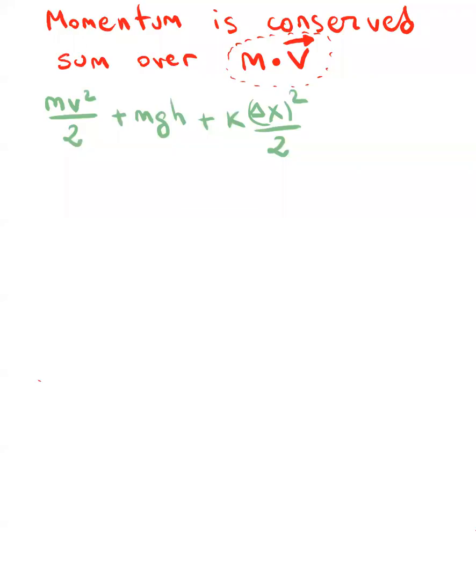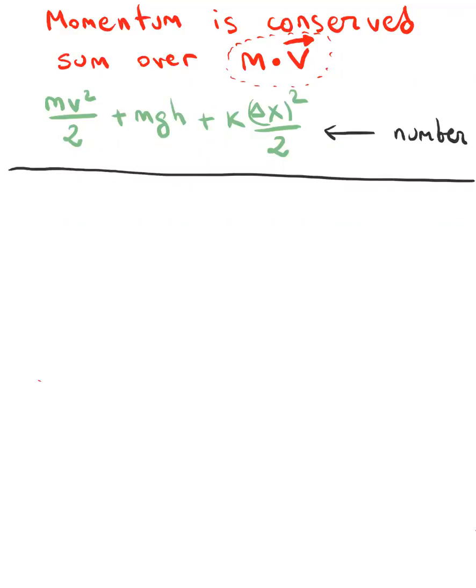One important difference is that unlike energy, which is just a number, momentum is actually a vector. Momentum being a vector means that it has direction and magnitude. For example, if you're moving in this direction with some velocity of 5 meters per second, and then after some time you turn and move this way with 5 meters per second, your energy didn't change.